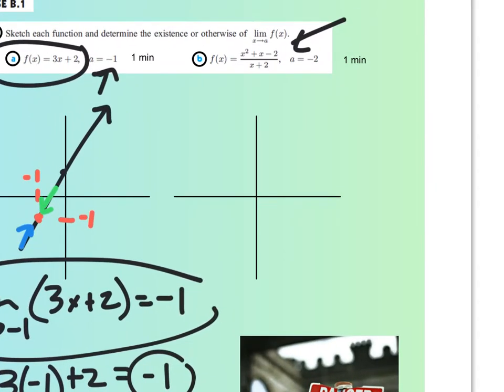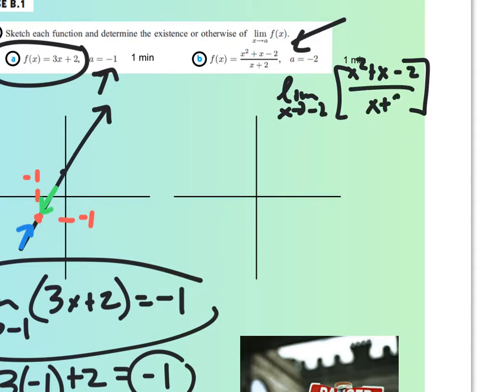Okay, the next one, what I would probably do is a direct substitution right away. So the limit as x approaches -2 of the following function, input that, over x plus 2. Well, I do a direct substitution, which would mean I'd have 4 minus 2 over -2 plus 2.